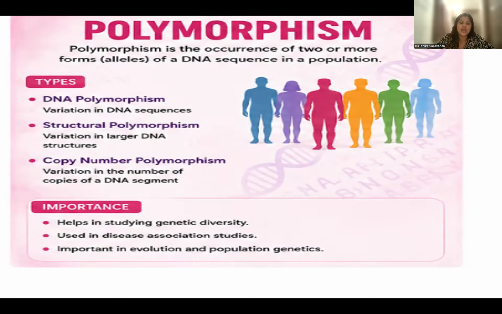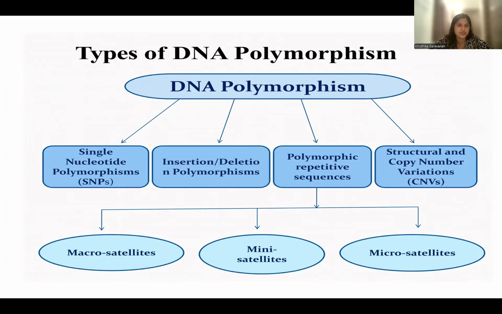Copy number polymorphism means there is a variation in the number of copies of the DNA segment or fragment that is produced. So these are the two different types of DNA polymorphism. Polymorphism is highly helpful for studying genetic diversity, disease and their associations, evolution, population genetics and more.